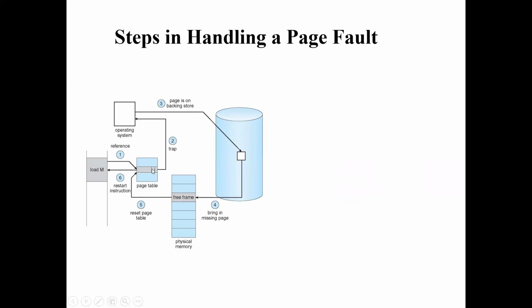Now this entry, the valid and invalid bit entry, will be changed to V, and then it restarts the instruction and loads that particular value. Okay, so these are the steps in handling the page fault.